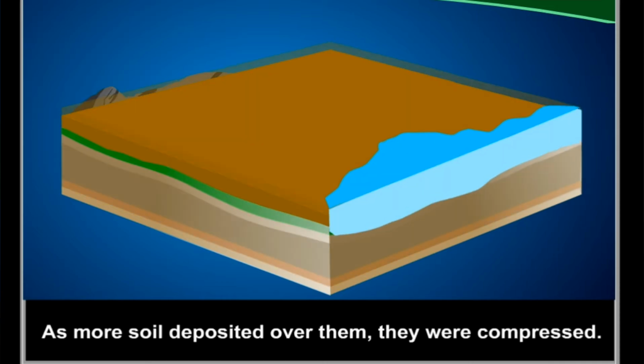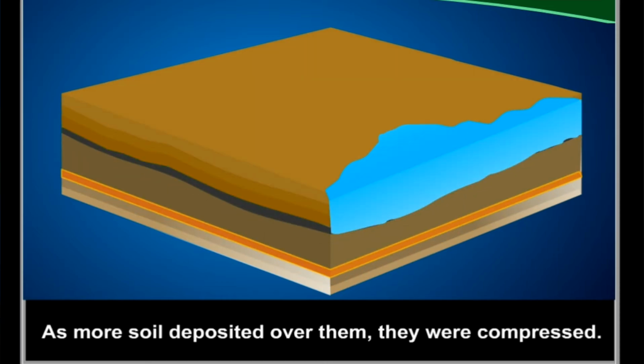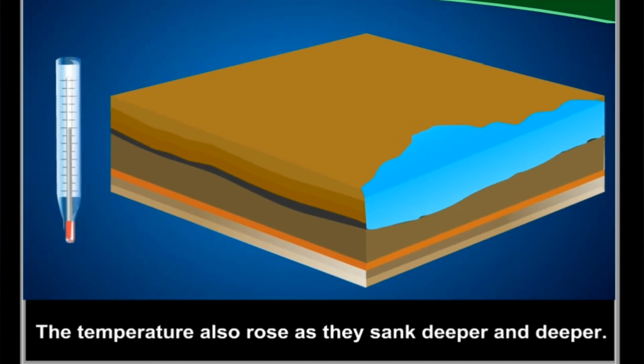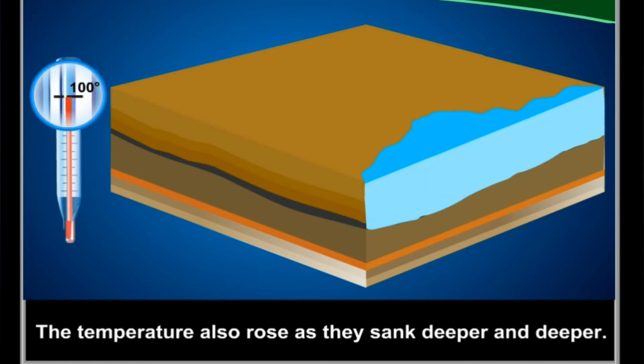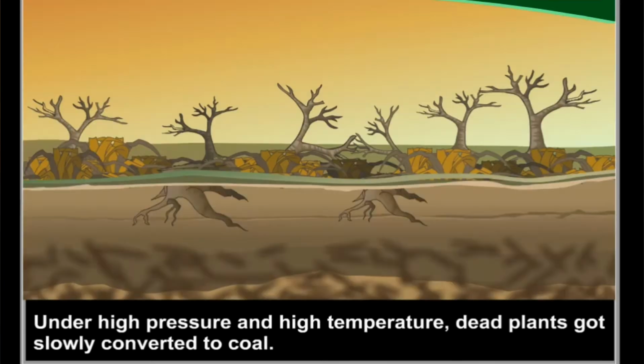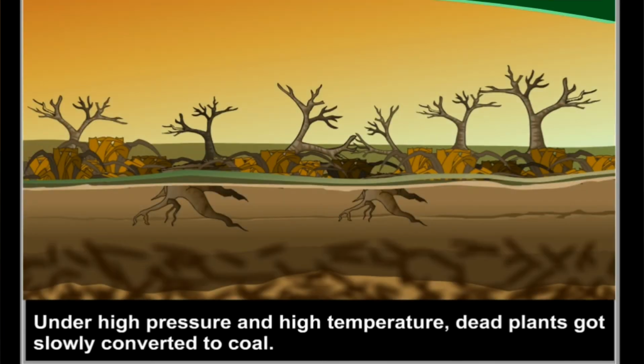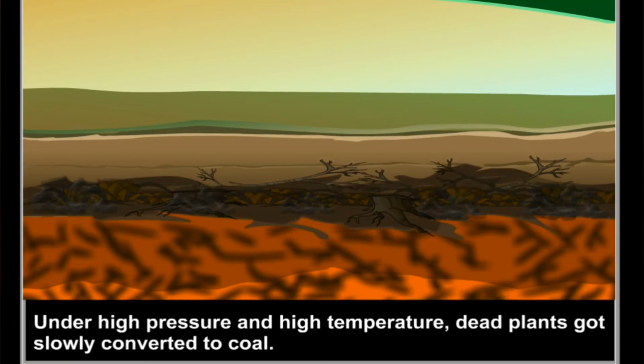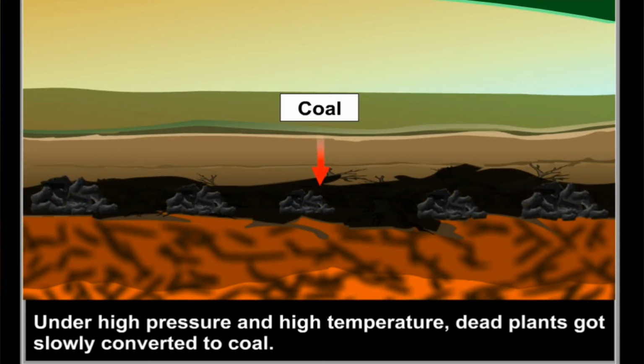As more soil deposited over them, they were compressed. The temperature also rose as they sank deeper and deeper. Under high pressure and high temperature, dead plants slowly got converted to coal. Yes, coal is dead plants.